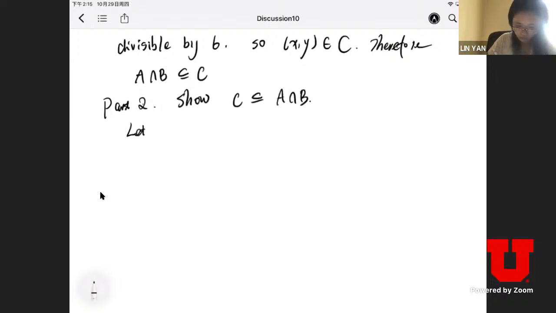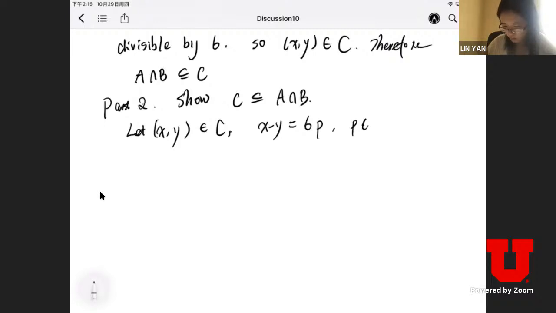We still need to pick an element from the left-hand side. And by the definition of C, we have x minus y is equal to 6p, where p is an integer.